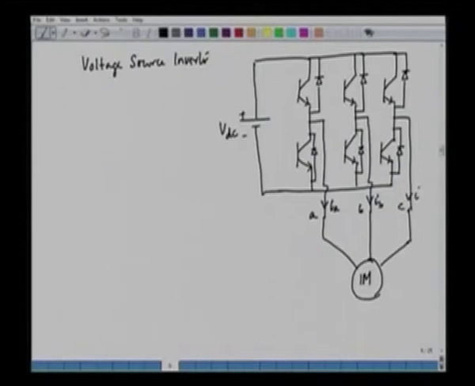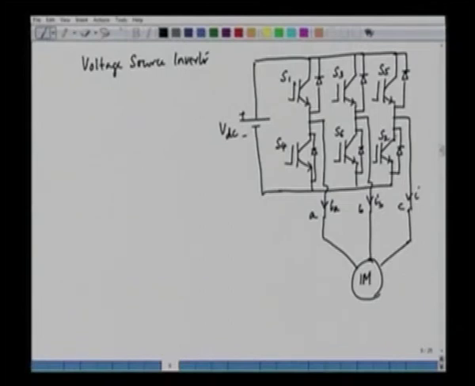And we have the inverter switches. We can call this S1, this S3, this S5, this S4, this S6, and this S2.